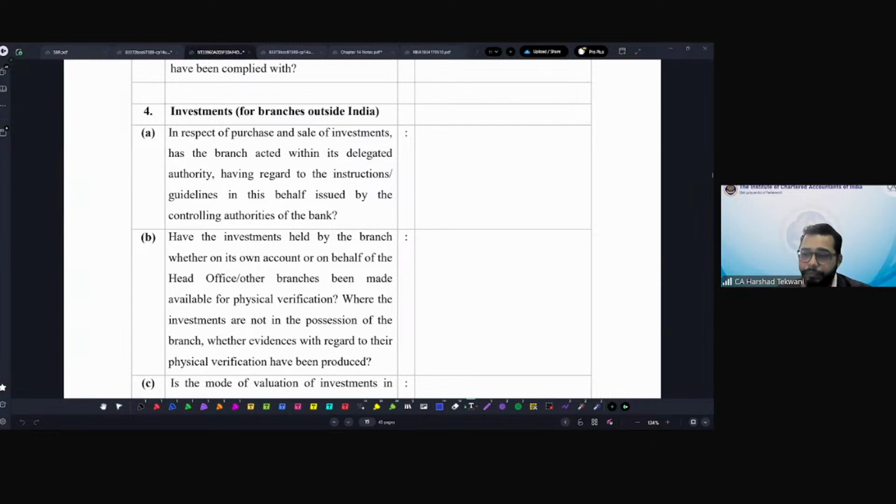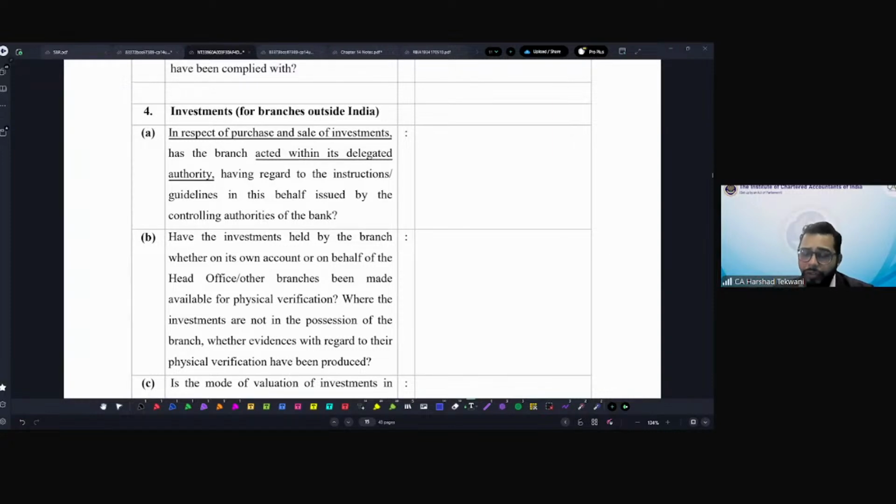Now, what is the requirement for the reporting? We'll understand the reporting, then the prudential norms, and on the basis of that we'll discuss. It says that in respect of purchase and sale of investments, the branch should have acted within its authority. Whether the branch was authorized to perform this purchase and sale, whether it has acted within the delegated authority.